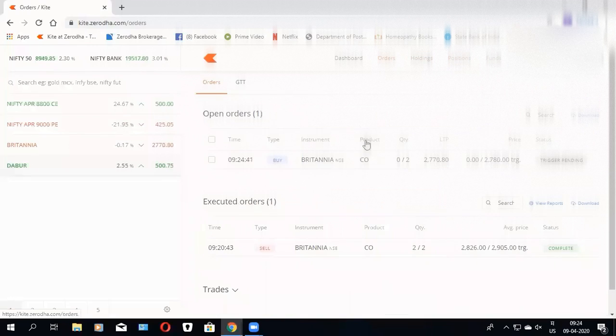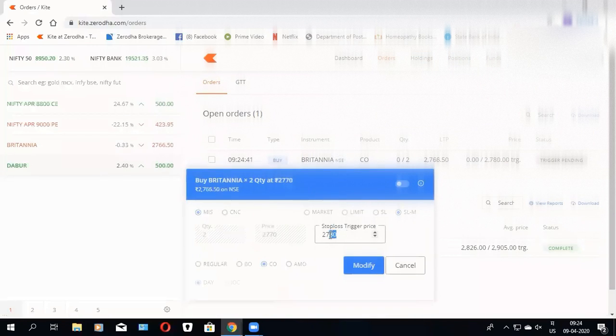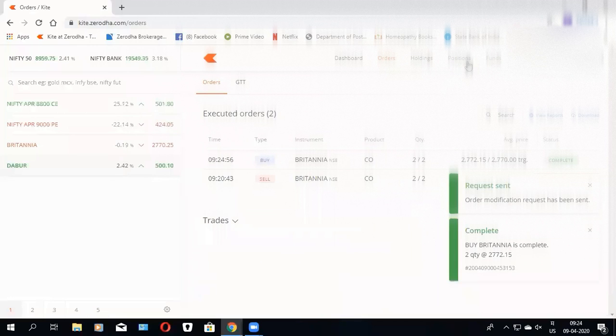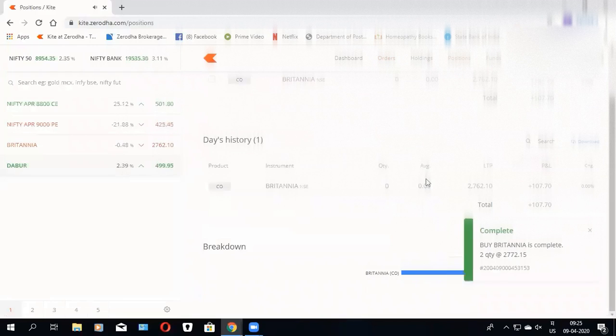And it went further down, so I wanted to edit it again. And it went on. So at 72 I sold it off.